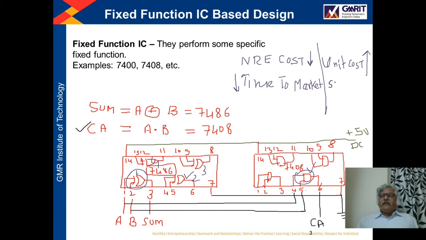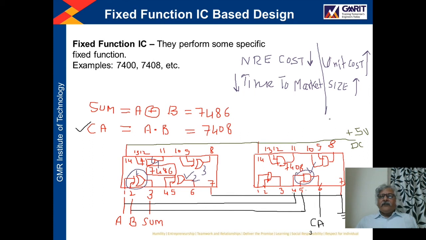The size of the product is bigger, because you have to purchase these two ICs and interconnect them. Though we require only two gates, one two-input XOR gate and one two-input AND gate, in our system we have a total of 8 gates. So the size of the system is bigger.